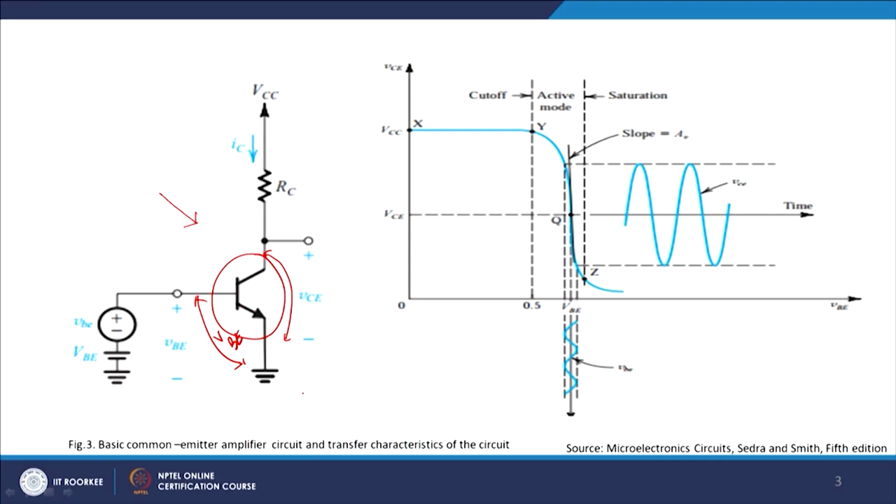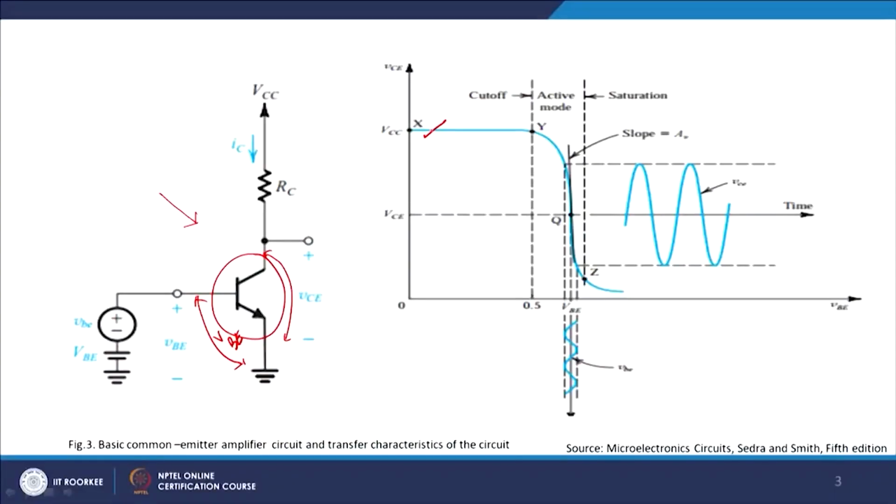For low values of VBE, typically the device will be cut off because the base to emitter junction will not be forward biased. For silicon it is 0.7. So anything below 0.7 means cutoff, IC is 0, and all of VCC appears across the output voltage, and this is what you see here.